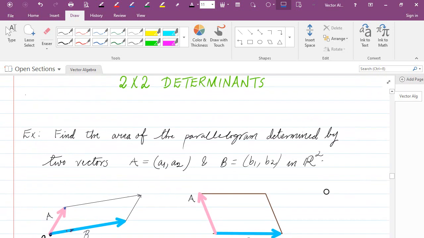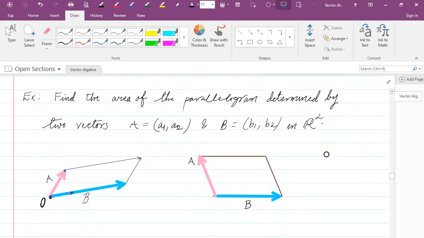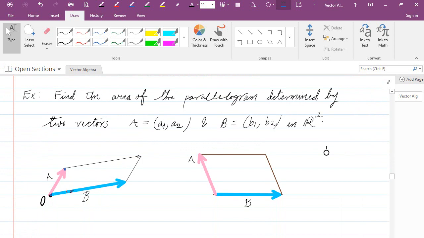So let's say we want to find the area of the parallelogram spanned by the vectors A and B in the 2 space. So A has components a1, a2, and B has components b1, b2.